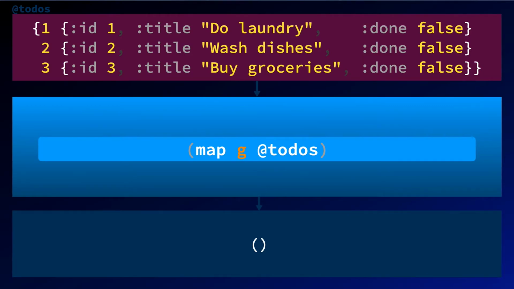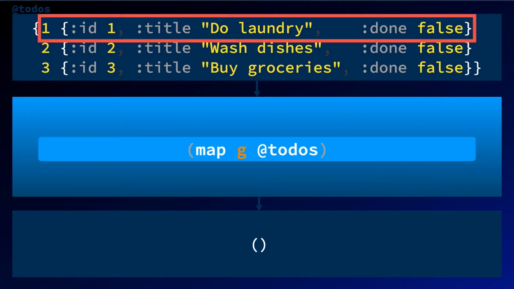Here, we start out with the dereferenced to-dos atom, which is a map. In the center of the slide, we demonstrate performing a map operation on each key value pair of the dereferenced to-dos, invoking a function g on each pair. The map operation puts the results into a sequence, which you see at the bottom of the slide.